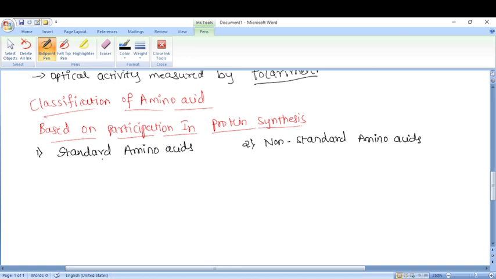Standard amino acids are those which participate in protein synthesis.